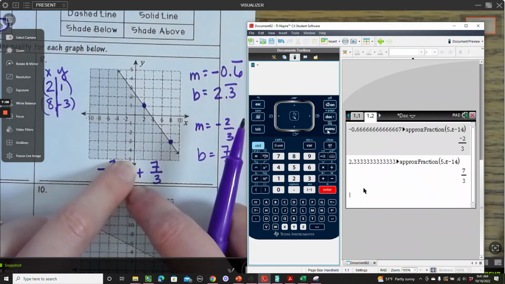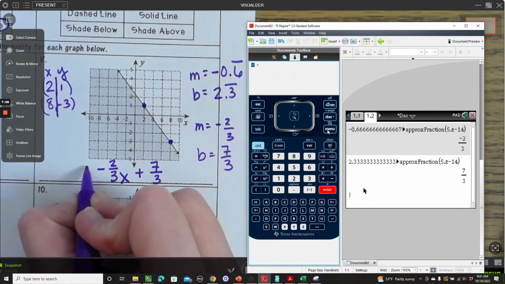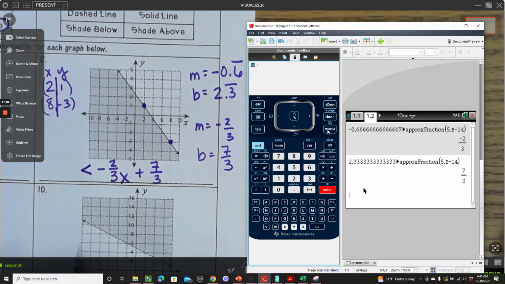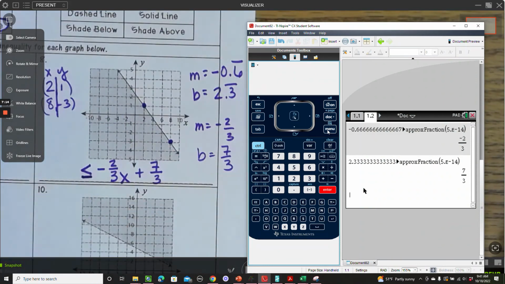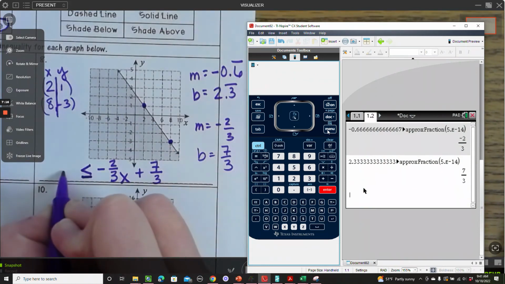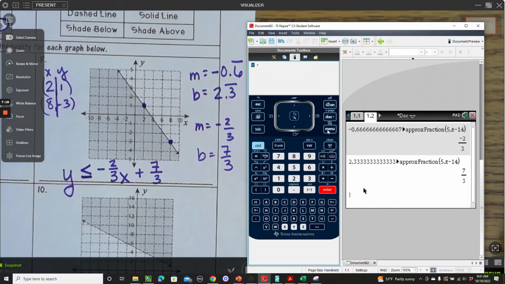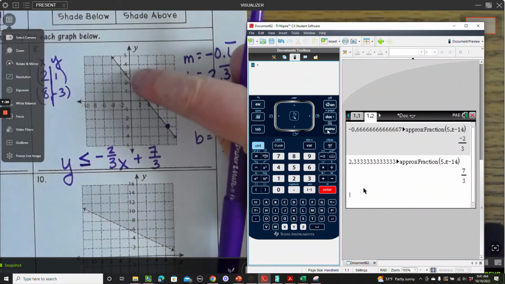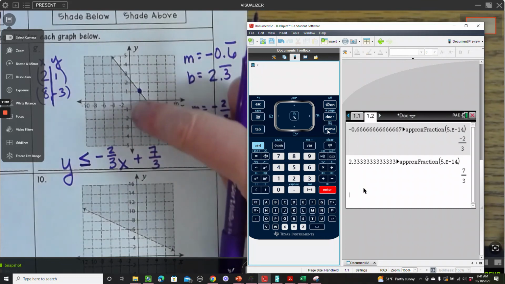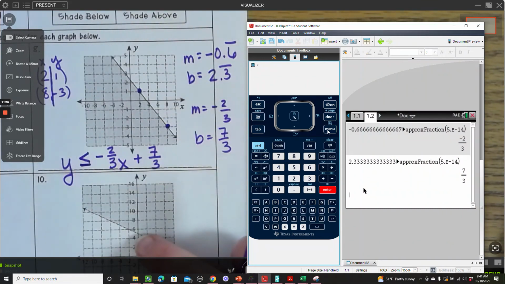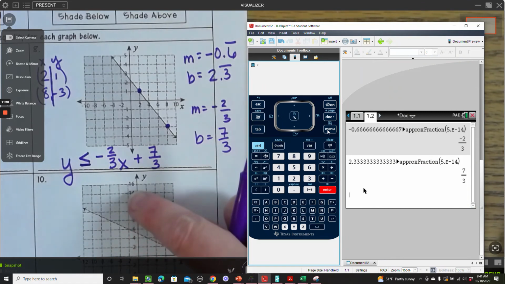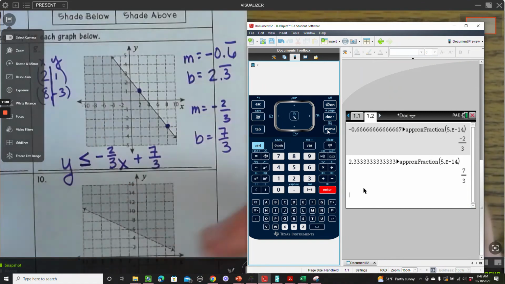So we know it's going to go this way. The line is solid, so our inequality sign gets the line underneath it. And then we put the y. If the y values are decreasing as you go through the shading, it's a less than sign.